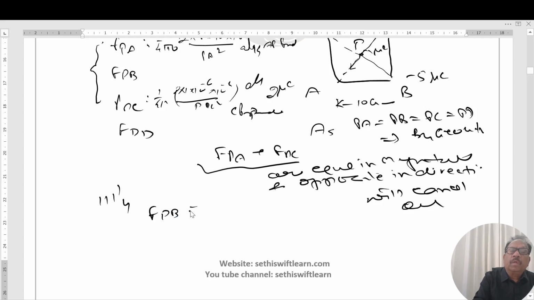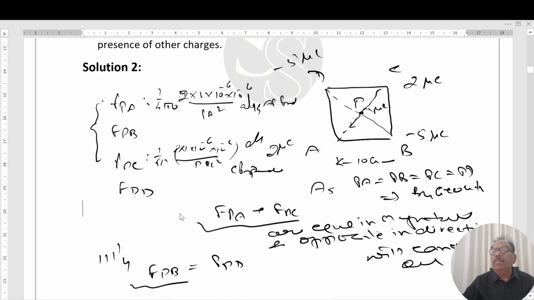FPB will be equal to FPD. This will be attractive in nature, it means this will go along PB produce.